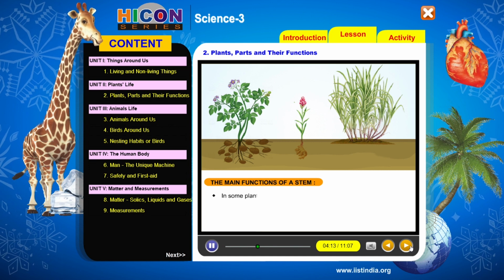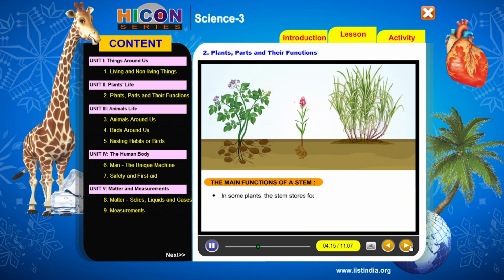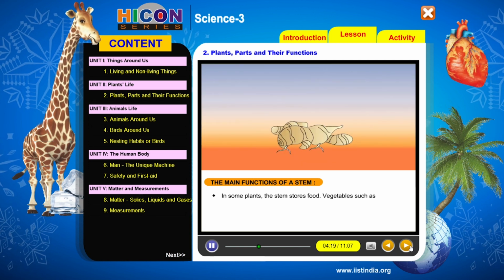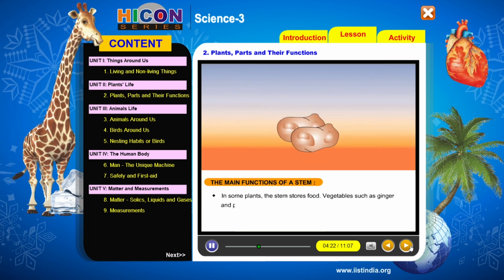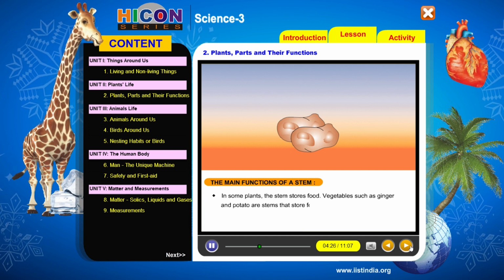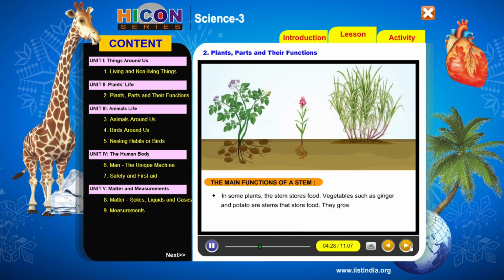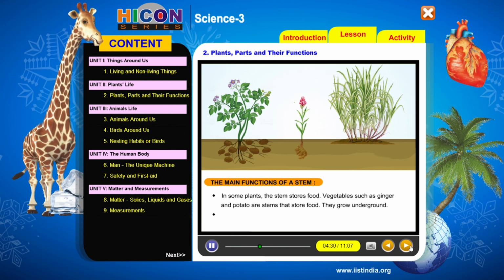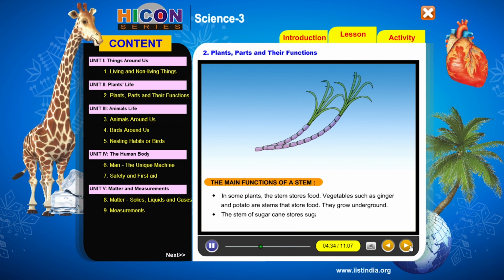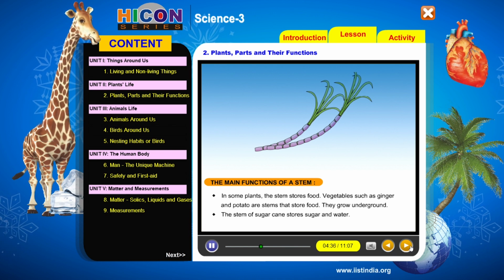In some plants, the stem stores food. Vegetables such as ginger and potato are stems that store food. They grow underground. The stem of sugarcane stores sugar and water.